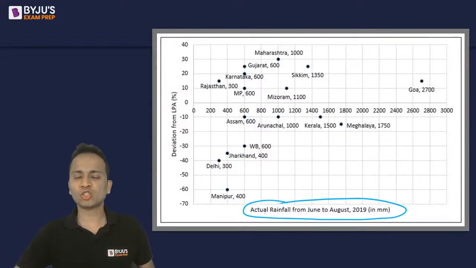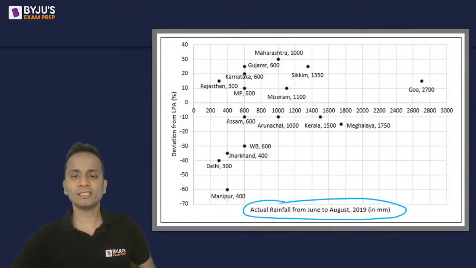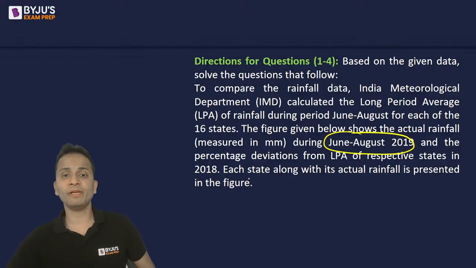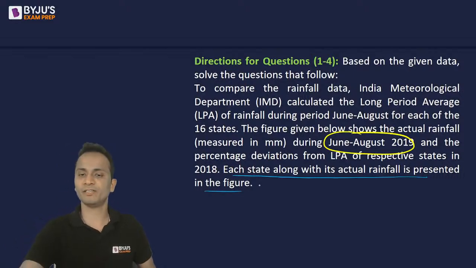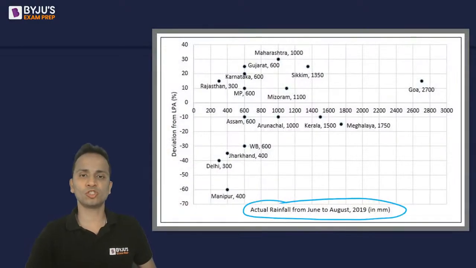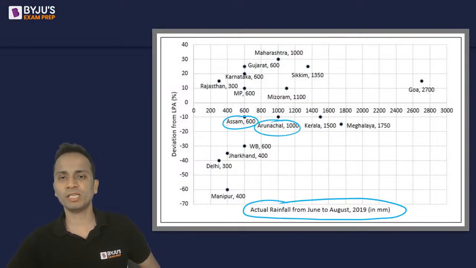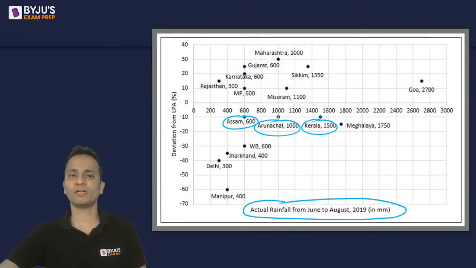Now actual rainfall is given along the x-axis. As they have already mentioned, each state along with its actual rainfall is presented in the figure. So each state, and along with that the actual rainfall is also written. As you can see, Assam is 600, Arunachal is 1000, Kerala is 1500, and the value is also there on the graph.